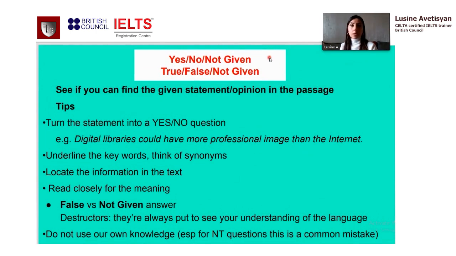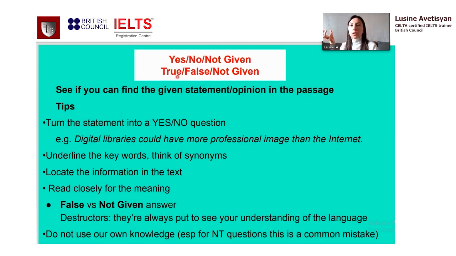Specifically about yes, no, not given, and true, false, not given types of questions. What we have here is the common mistake and confusion between false and not given, no and not given types of answers.